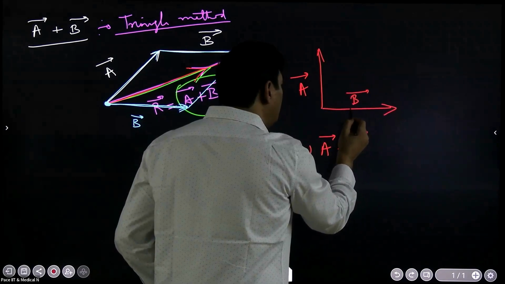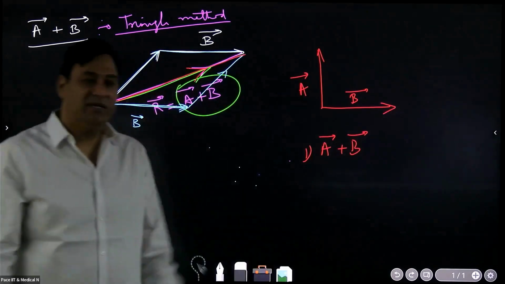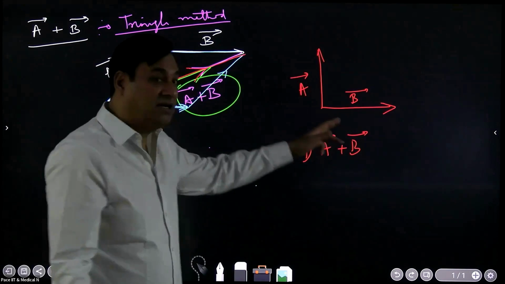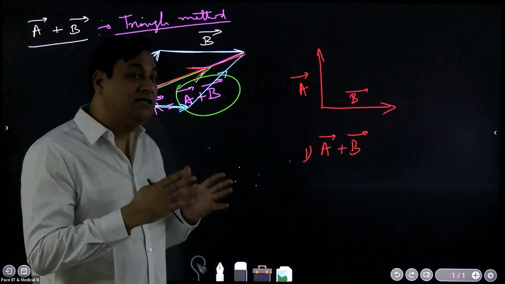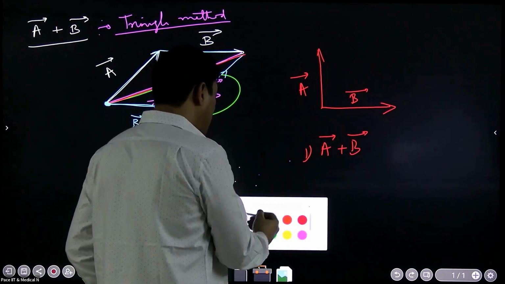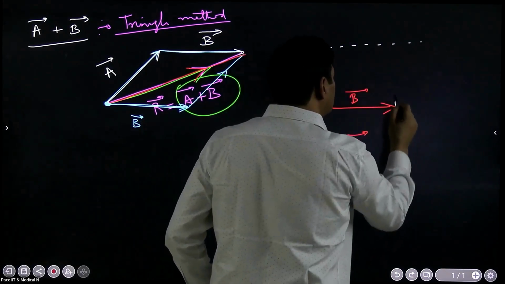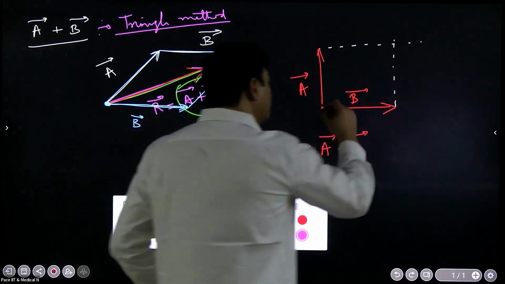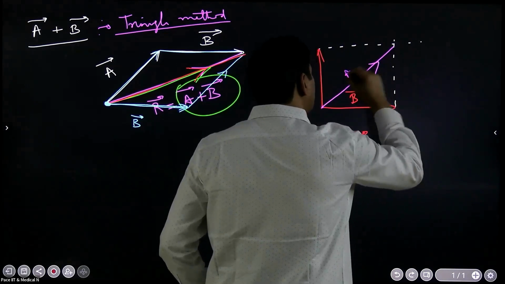We have to keep B, the length and the direction unchanged. So the vector remains unchanged. Is that clear? Now I've kept their tails together. When you have kept their tails together, now you complete this parallelogram, which is going to be formed. So the completion of the parallelogram will be like this. Draw a line parallel to this, draw a line parallel to this. Now this diagonal will represent A plus B.